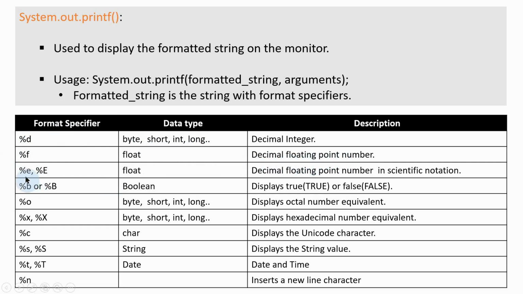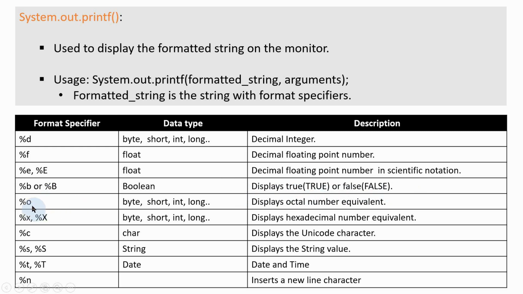And then we have %e as well as %E to display the floating point number in scientific notation. We have %b and %B to display the boolean value. So a boolean value may be true or false. If you use lowercase b, then true and false will be displayed in lowercase, and if you use %B here, then true and false will be displayed in uppercase.